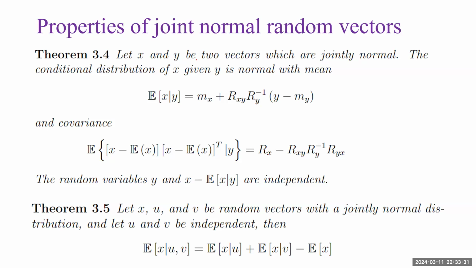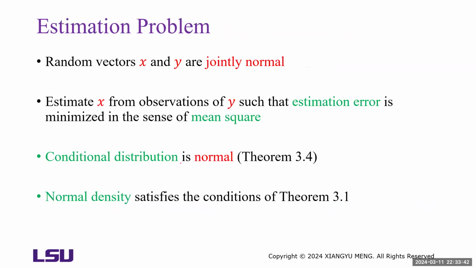If x and y are two vectors which are jointly normal, then the conditional distribution of x given y is normal. So this is theorem 3.4. Then the normal density satisfies the condition of theorem 3.1.